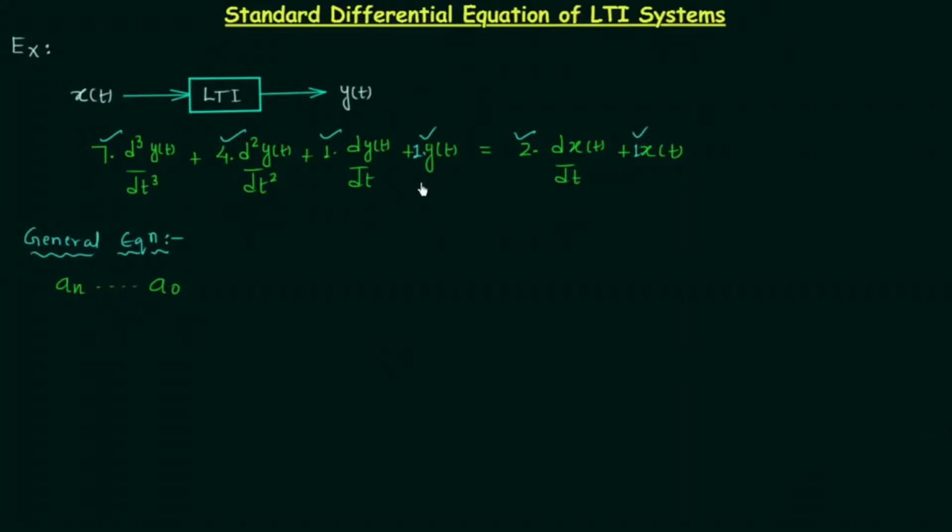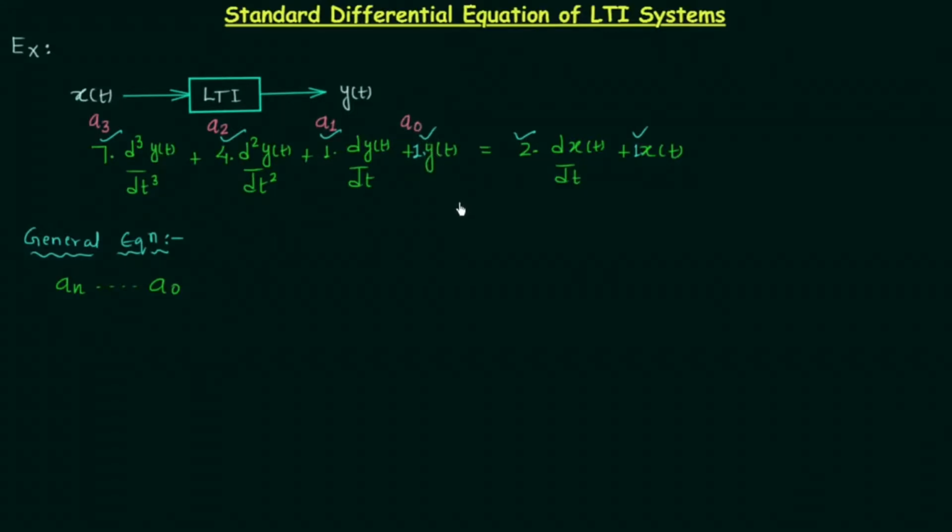For example, in this case n is equal to 3. The number of times you are performing the differentiation is equal to n. So here we are performing the differentiation 3 times, therefore this 7 here is represented by a sub 3. In the same way, this 4 here is represented by a sub 2 because we are performing the differentiation 2 times. This 1 here is represented by a sub 1, and here we are not performing any differentiation, so this 1 here is represented by a sub 0.